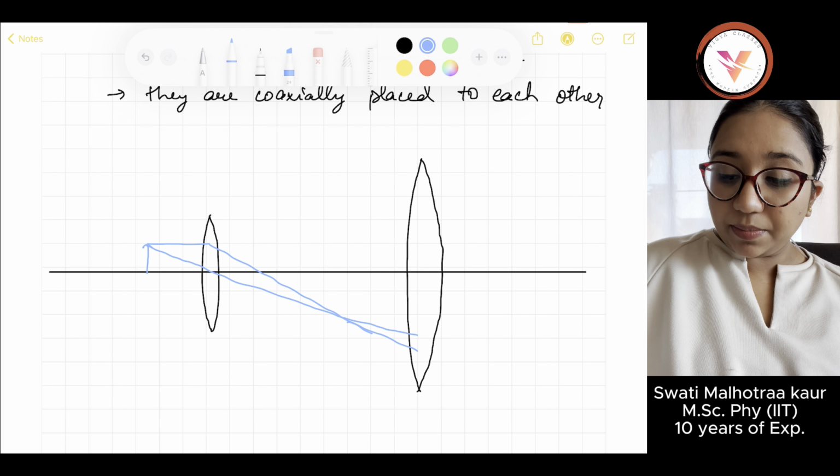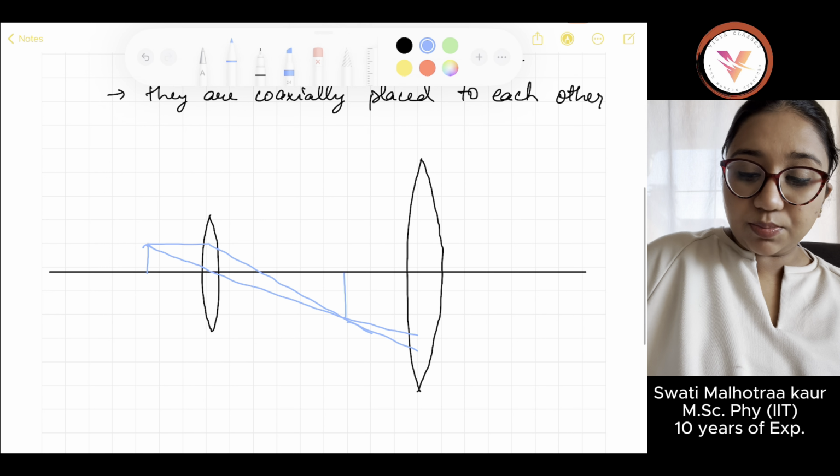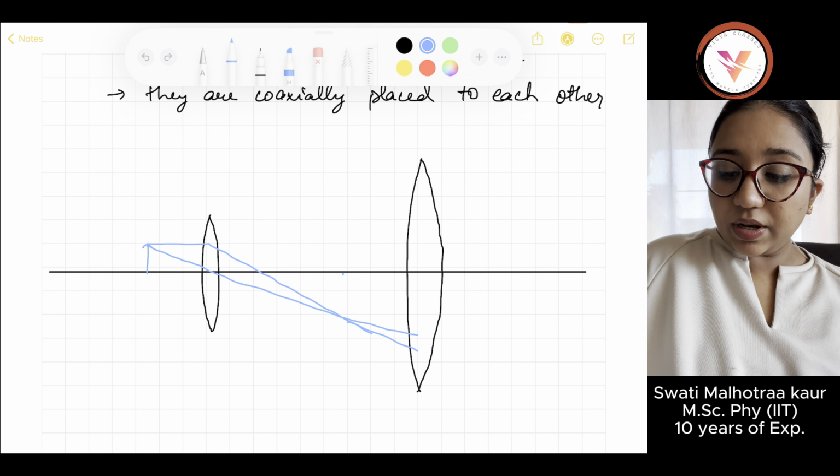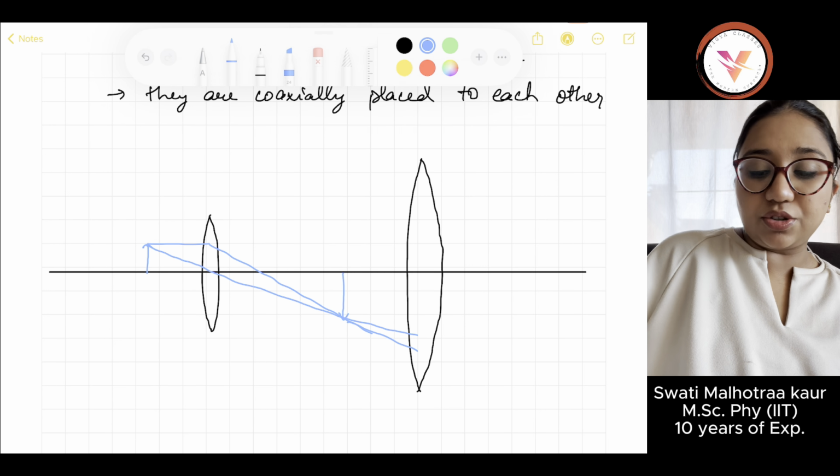Okay, so they meet here. So at this point you will have your image from first.